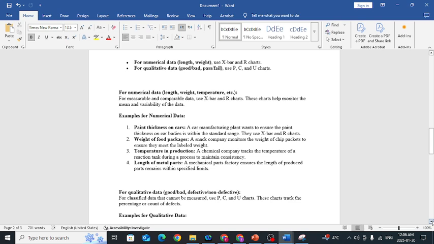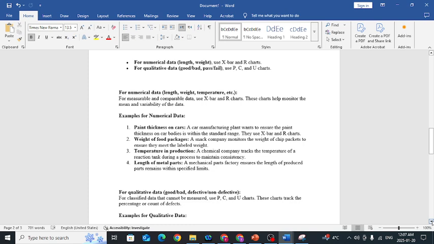Temperature in production is numerical data. A chemical company tracks the temperature of a reaction tank during a process to maintain consistency. This is numerical data, so we should use the X-bar and R chart.